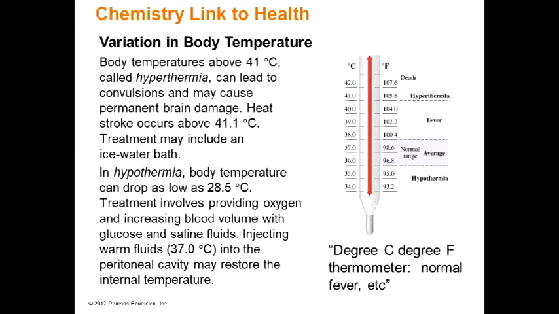Heat flows from a warm body to a cold body. You want to stay above a certain amount. Why? Your operating system can't operate below a certain temperature efficiently. So your body goes into shock. It says shut down or reboot, but it often won't reboot. It just shuts down. But it's actually trying to warn you, I need to reboot, I need to reboot. So this is what's happening.